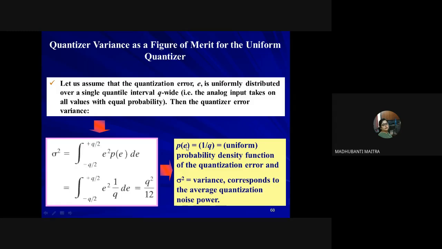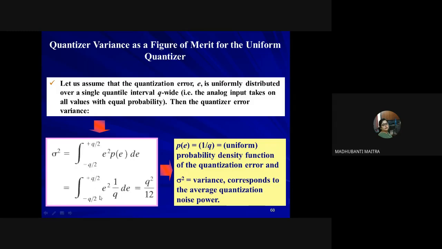It can assume any value within that particular interval, and that will be given by 1 by q. Remember, fx was equal to 1 by b minus a. So the probability of error e will be equal to 1 by q, and it's uniformly distributed, right?